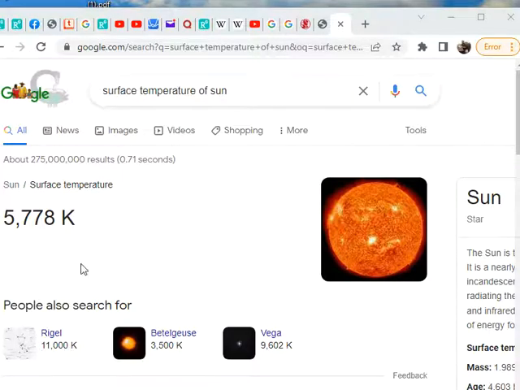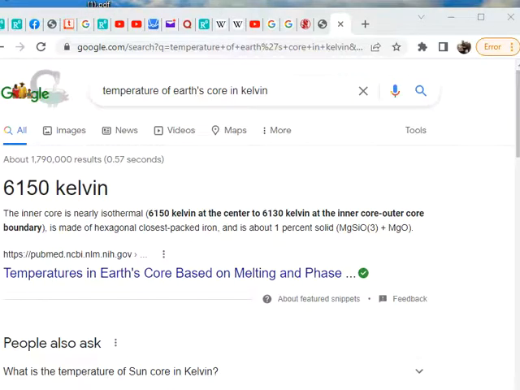then we could have a greenhouse effect where the object being insulated would reach 5778 Kelvin. As an example, the inner core of Earth is considered to be about 6,150 Kelvin, so it's actually a little bit hotter than the surface of the sun, but it's a situation where you have almost zero energy coming in from the sun and almost zero energy coming out.